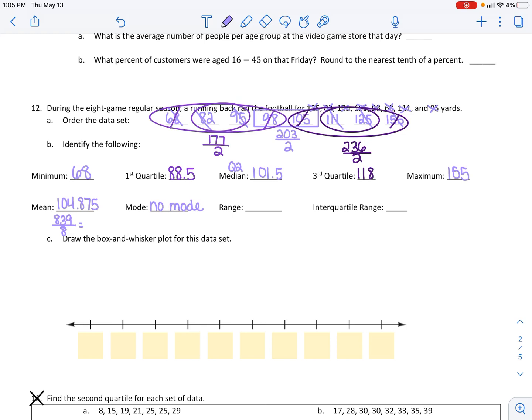Our range is always our maximum minus our minimum. Our maximum we found was 155, and our minimum was 68. So we're going to subtract 68 from 155, and we get 87. So that's going to be our range.